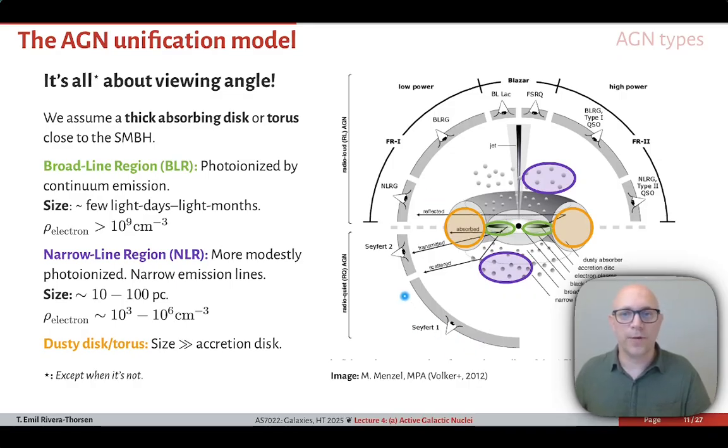On the other hand, if we have a steeper viewing angle closer to face on, we can actually have a directly unhindered view down the barrel to the central nucleus, which means that we can suddenly see way more continuum emission, and we can also see down to the broadline region.